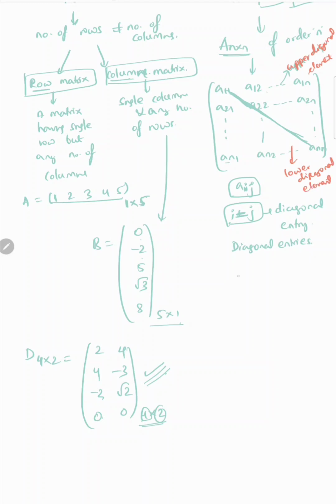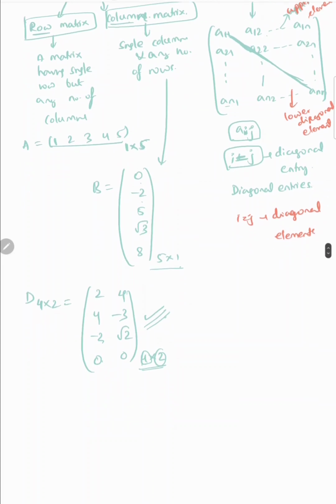And the elements for which i is equal to j are called diagonal elements. We can observe that for diagonal elements i is equal to j, for upper diagonal elements i is less than j, and for lower diagonal elements i is greater than j.